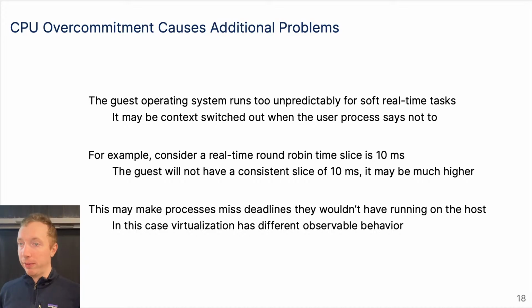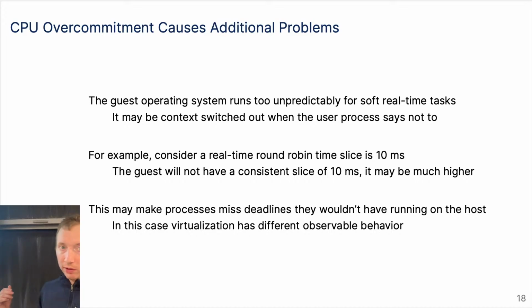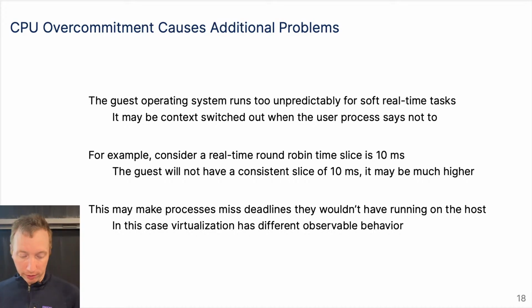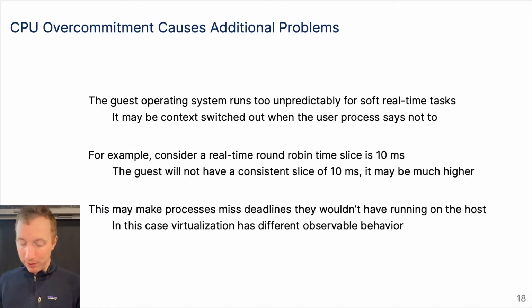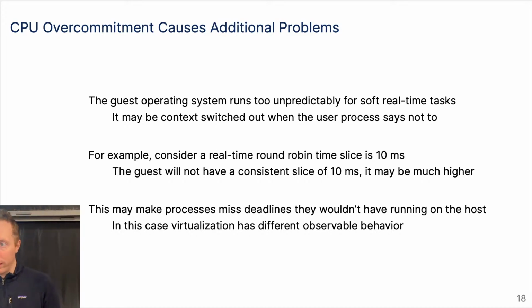because the hypervisor could context switch your kernel in and out, and it might not actually execute for the full time, even though the kernel just thinks it's executing the whole time. If there was just round robin where each time slice was 10 milliseconds, the guest would not have a consistent time slice of 10 milliseconds, because anytime it gets context switched is going to take longer than that.